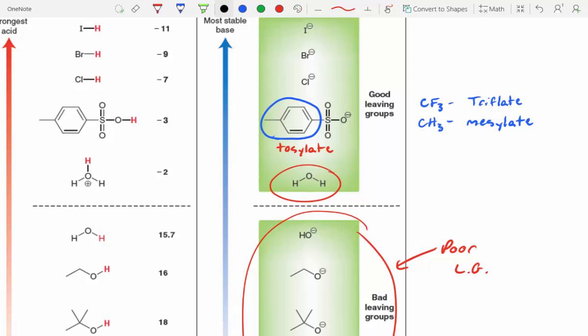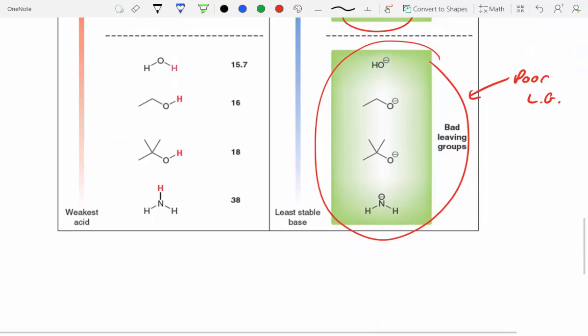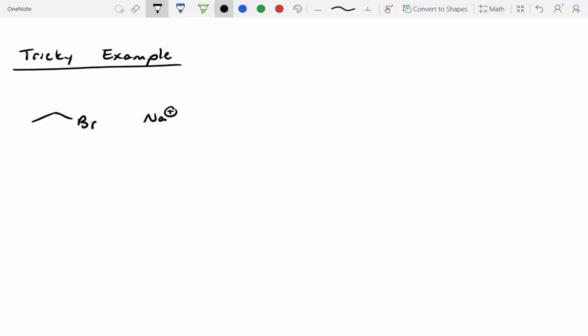All right, let's take a look at a situation that's a little bit tricky. Let's take a look at this tricky example. All right, let's say I've got ethyl bromide, and I'm reacting this with sodium iodide, where iodide has our negative charge.